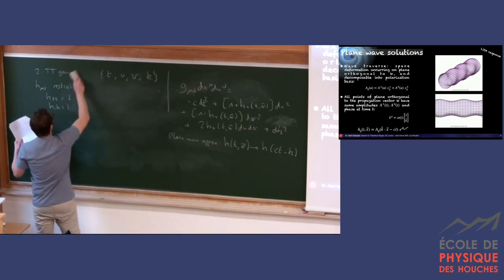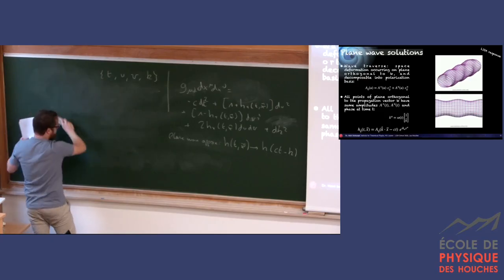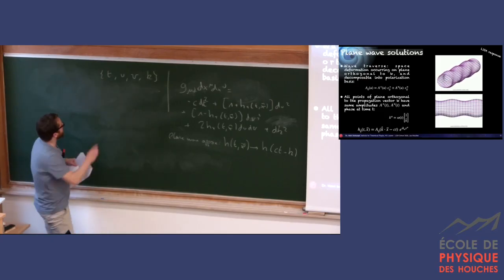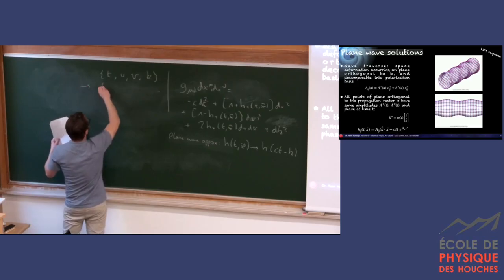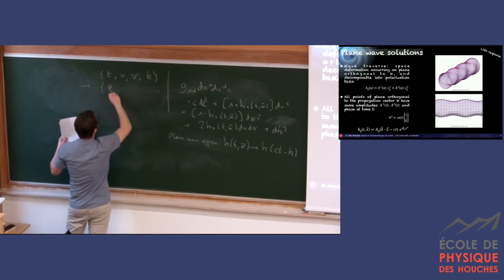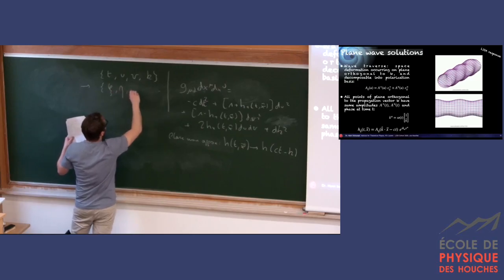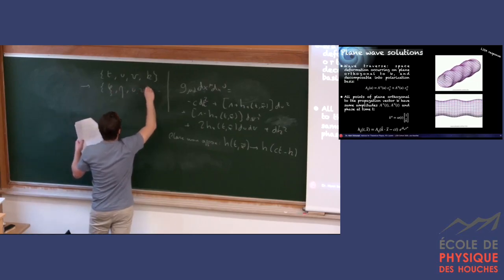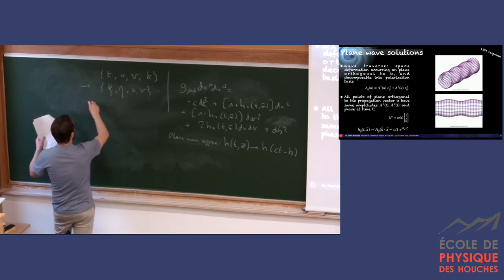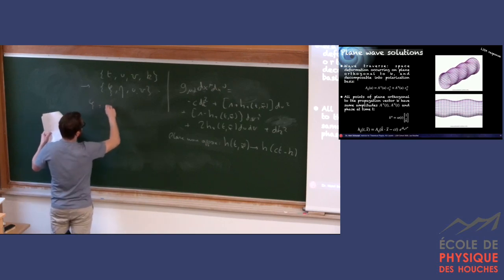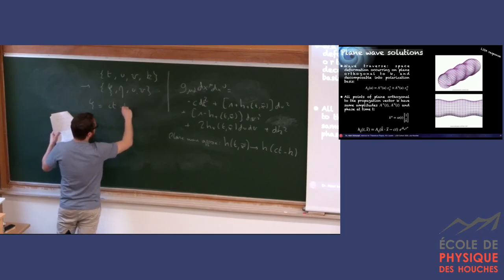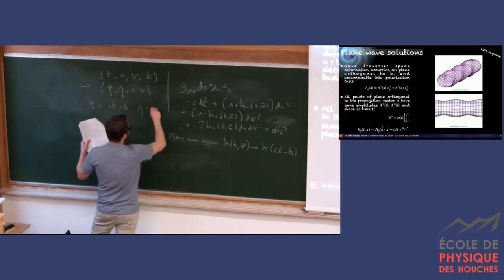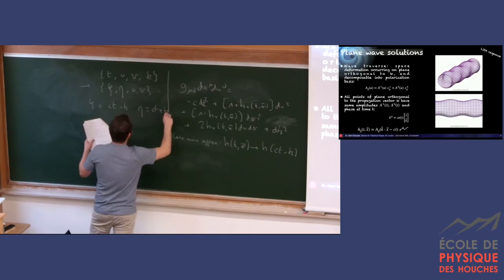So we're now switching to the light ray coordinates. It's going to be psi, eta, u, and v. Psi being ct minus k, and eta being the advance time ct plus k.